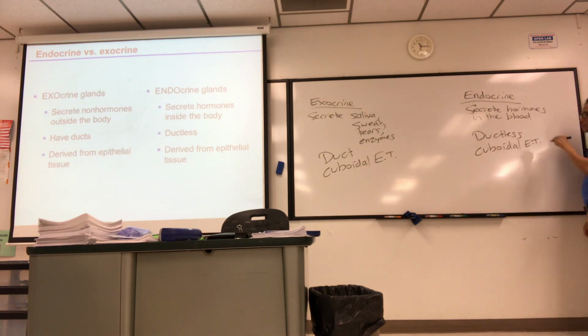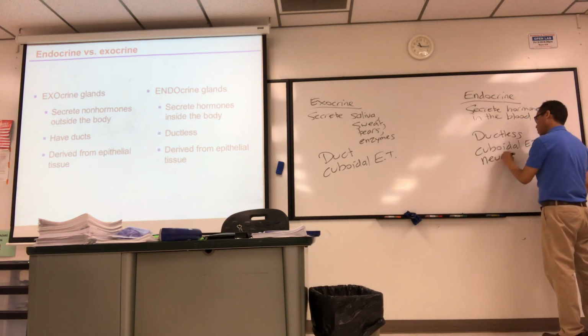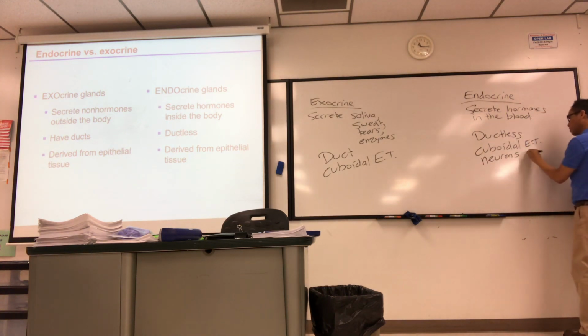Endocrine tissues can be epithelial in their derivation. They can also be nervous tissue. Neurons secrete hormones. Add that to the list.